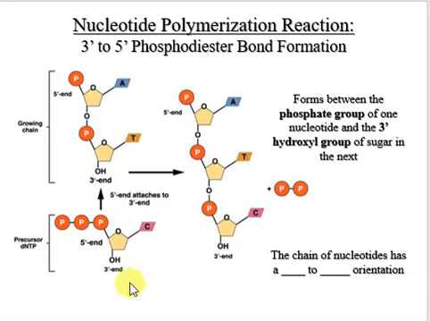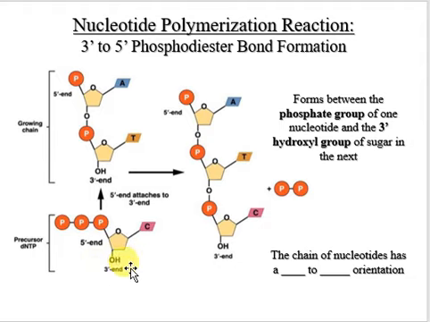So they're linked together in that fashion by phosphodiester bonds to create chains of nucleotides that usually have a 3' to 5' or a 5' to 3' orientation.